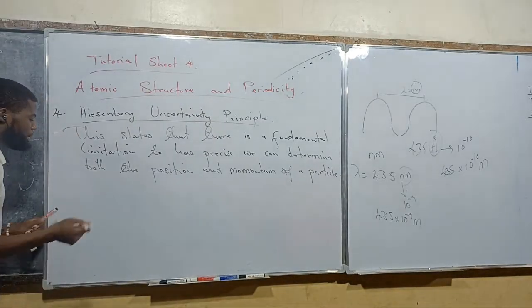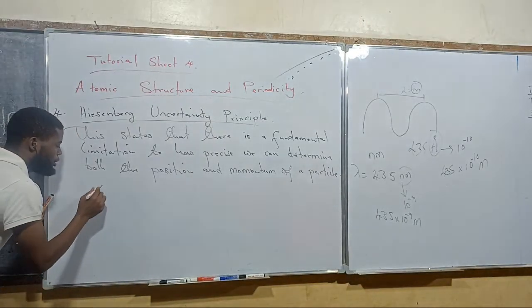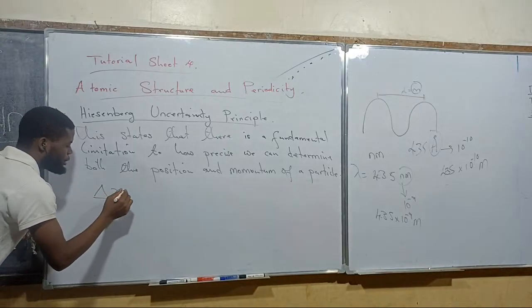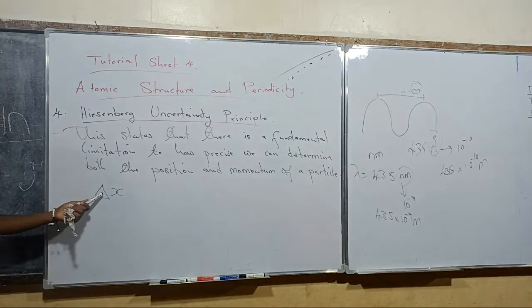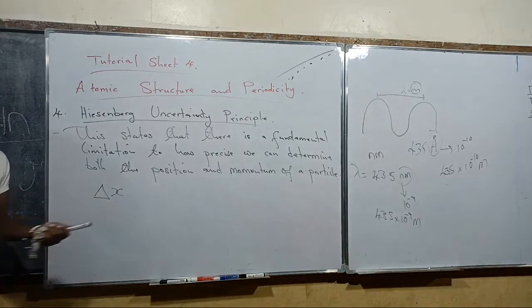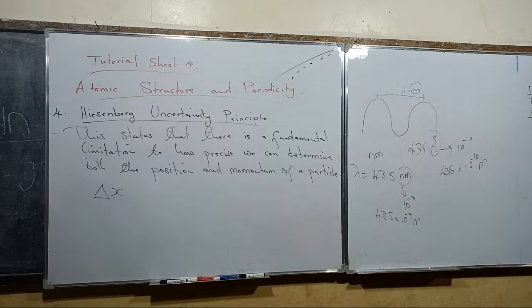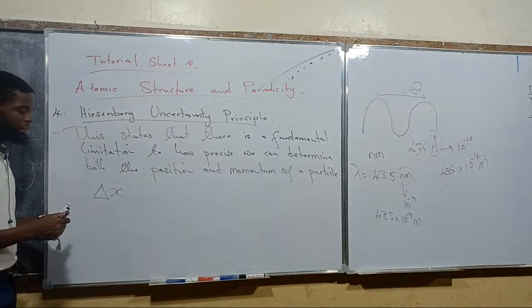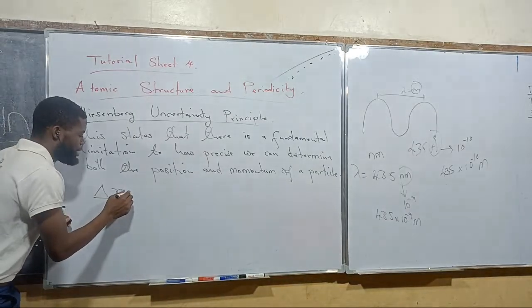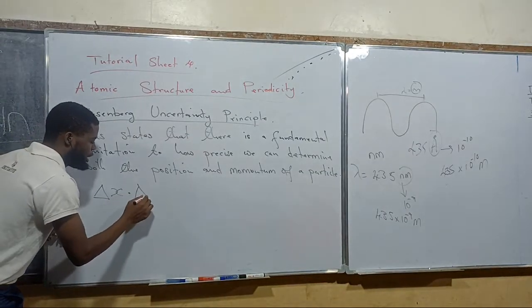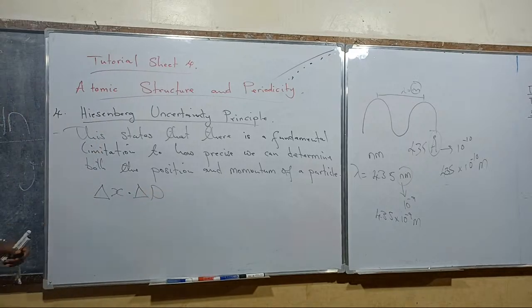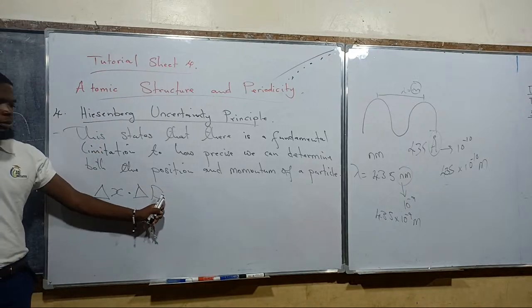the change in position, delta x. Delta means change, and x means the position. So delta x, change in position, multiplied by the change in momentum. Momentum is denoted by the lowercase Greek letter rho.